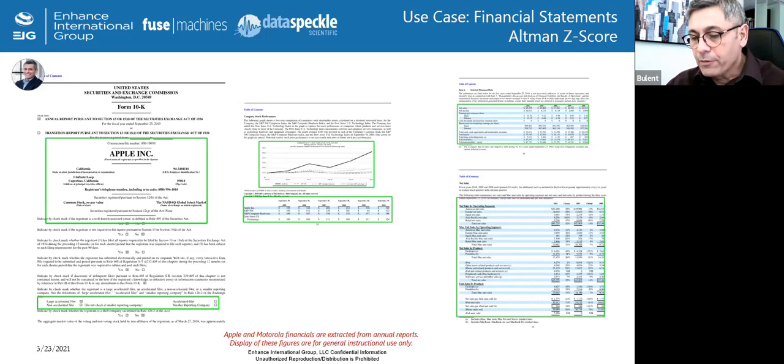In this example, we did the same thing for Apple and Motorola, and we have also checked the results and compared their accuracy with the Yahoo financial pages to make sure that we are on the right side. But this is just an example, just to show you how this algorithm in principle works.